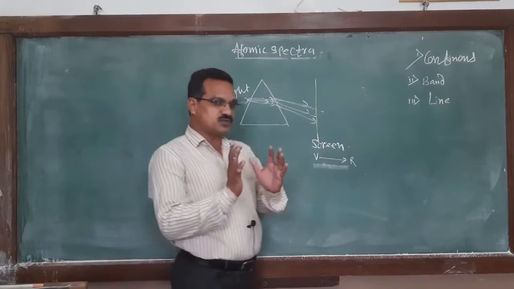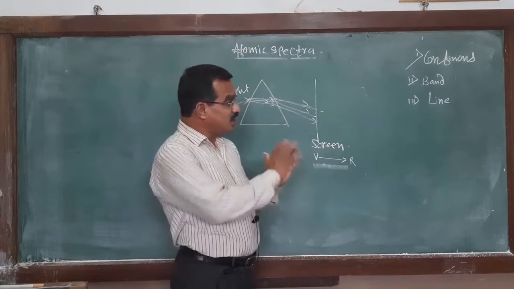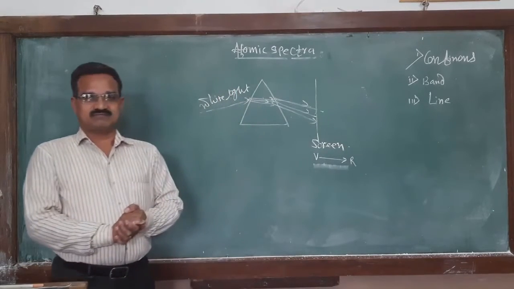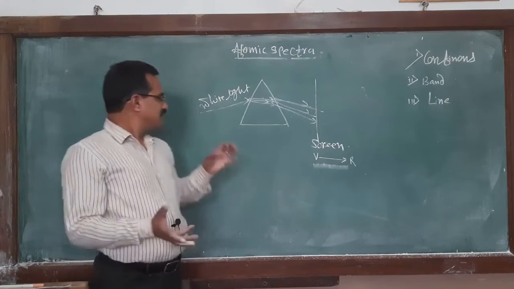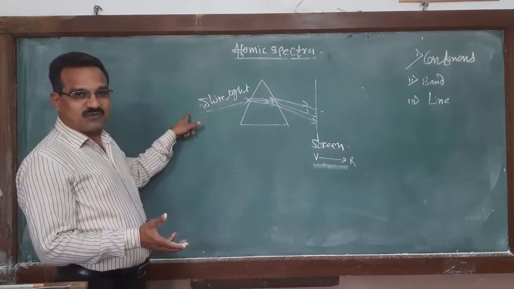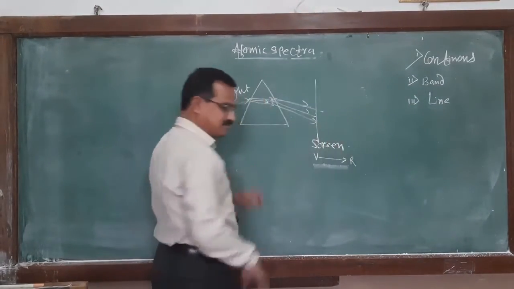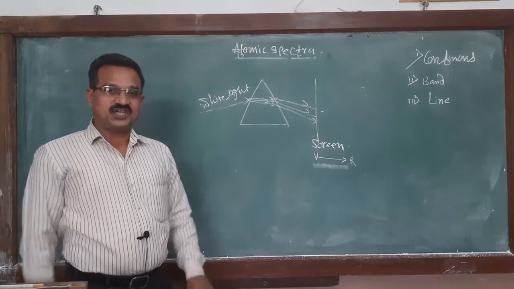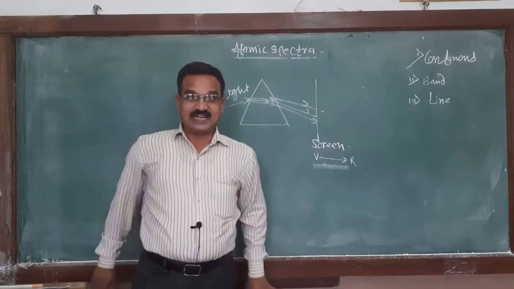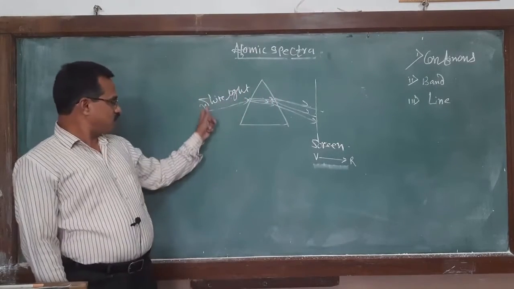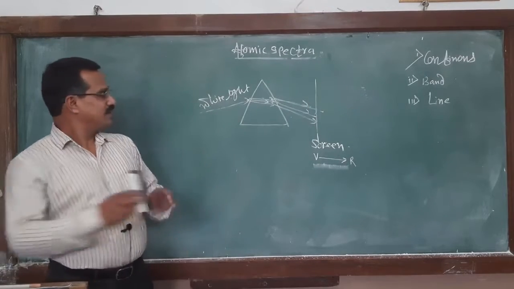For all types of source of light, the continuous spectrum is the same. Then what is the difference? When we change the source of light, all colors are there, but the change is only in the intensity of that spectrum. If the source of light is changed, the intensity of that spectrum is changed.